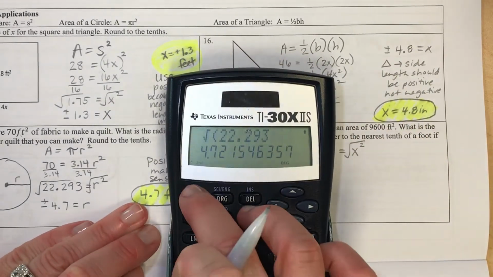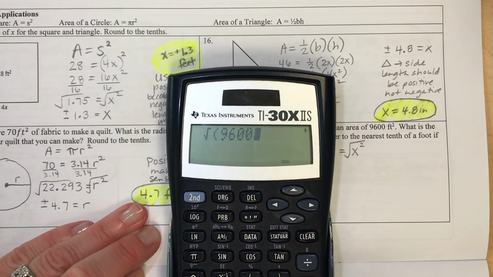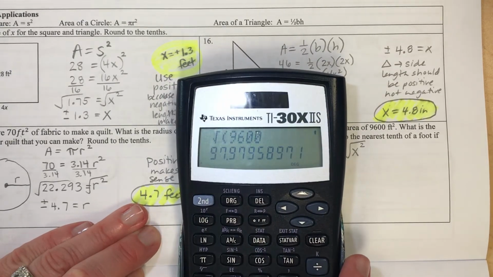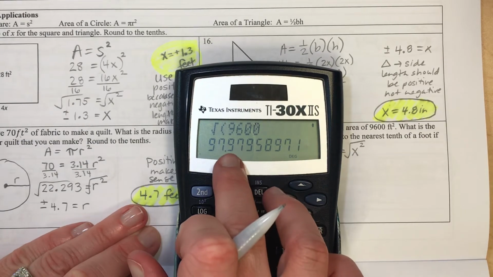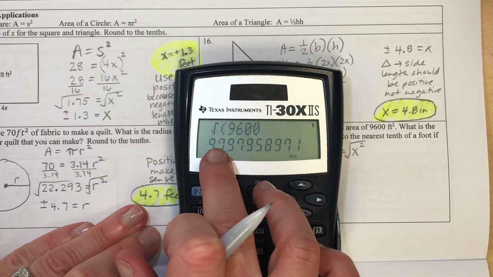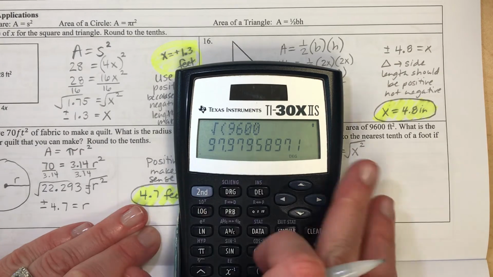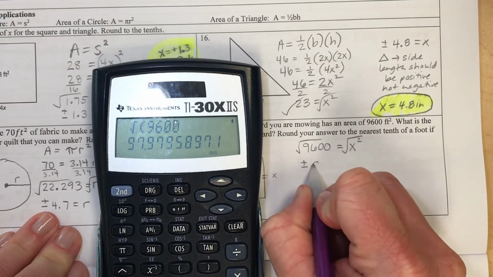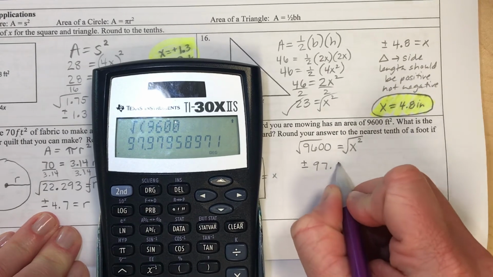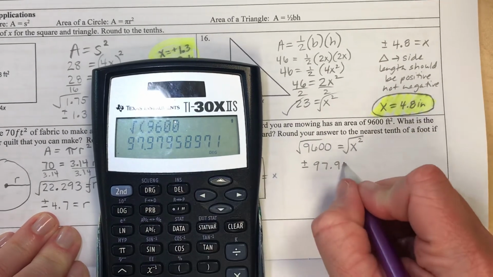So square root of 9,600, 97.97. This 7 is going to round that 9 up, which is going to actually round up our answer to be 98 feet. So if I write this out, it would be plus and minus 97.9. Now this is going to round up to an 8.